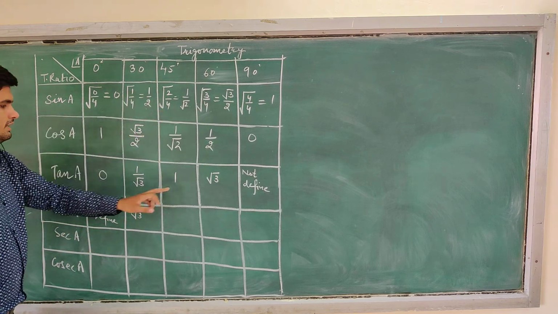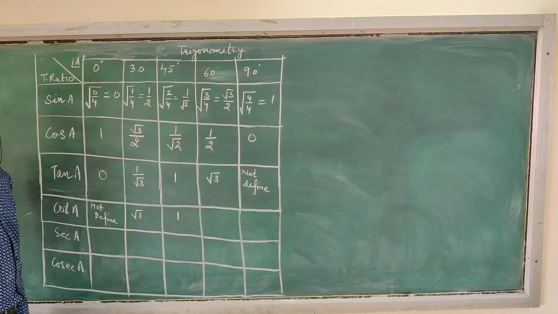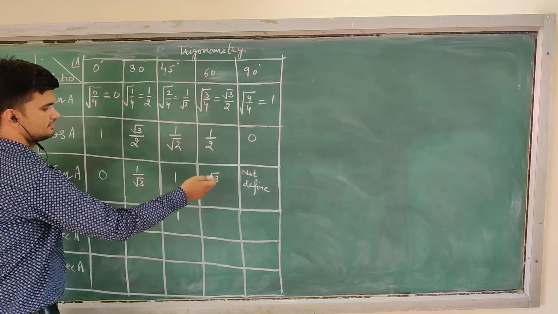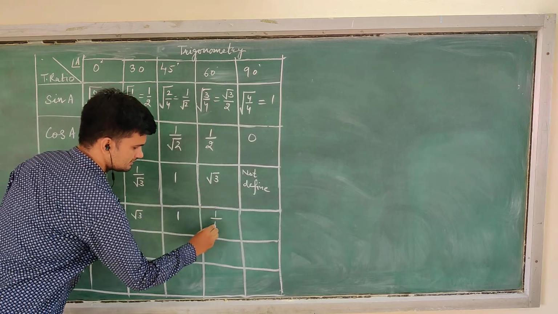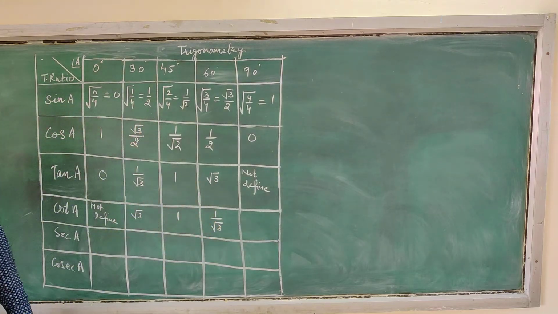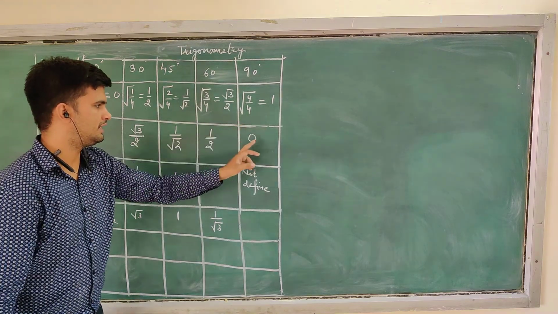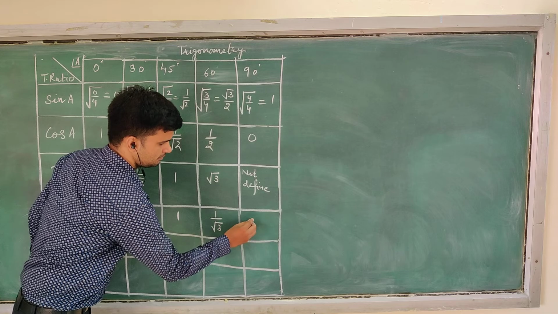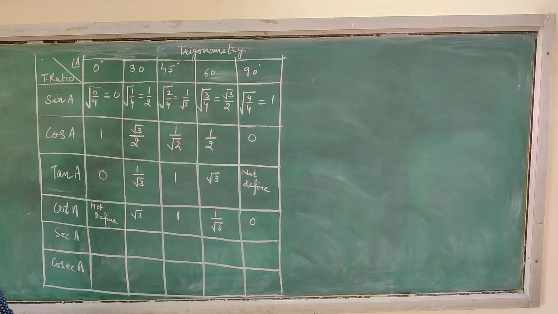If tan 45 is 1, then cot 45 is also 1. If tan 60 is root 3, so cot 60 is 1 by root 3. And see here, if tan 90 is 1 by 0 not defined, so cot 90 should be 0 by 1 means 0.